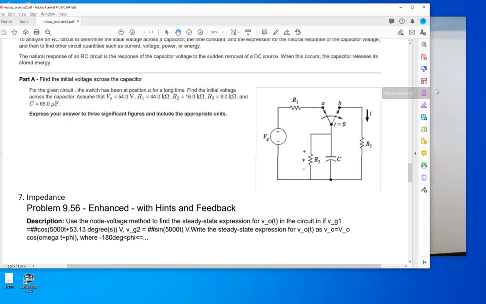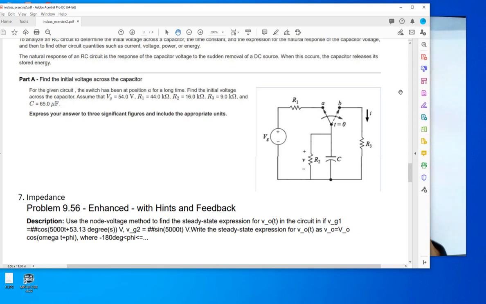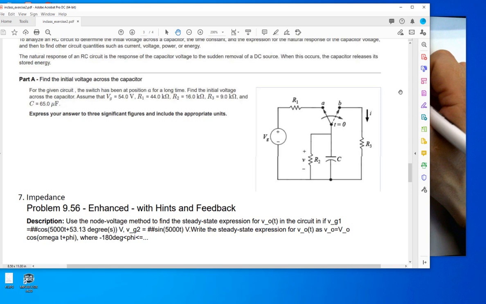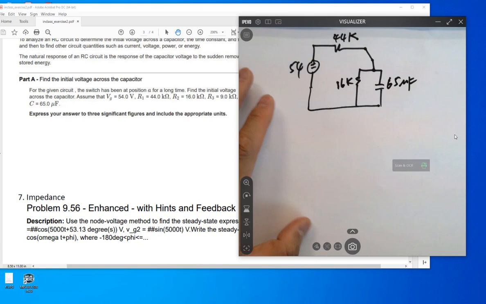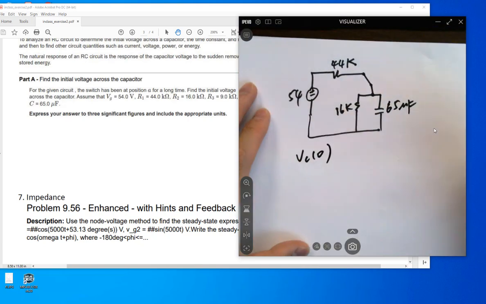R1 is 44K. R2 is 16K. C is 65 microfarads. How to calculate V0, VC0?